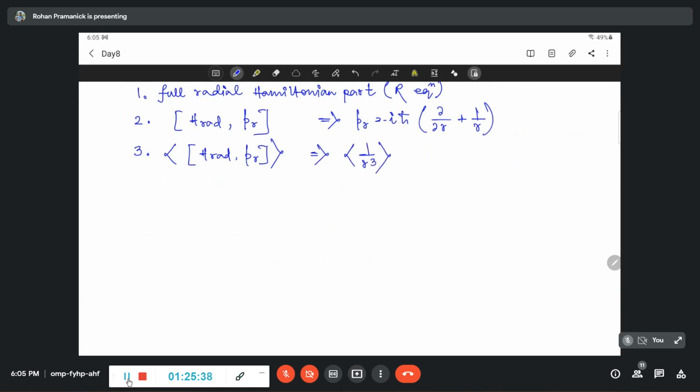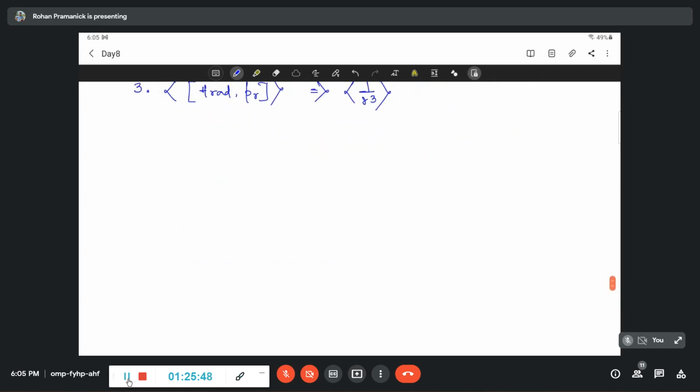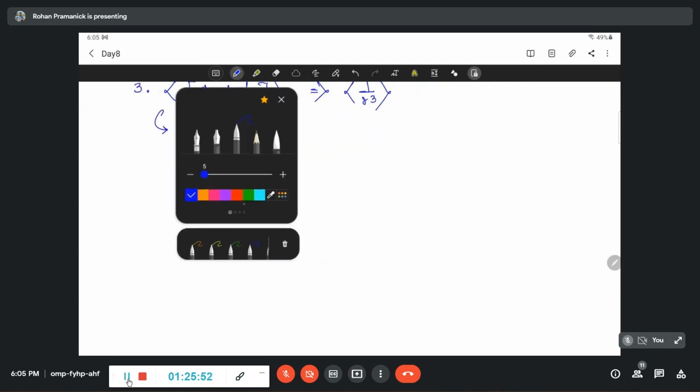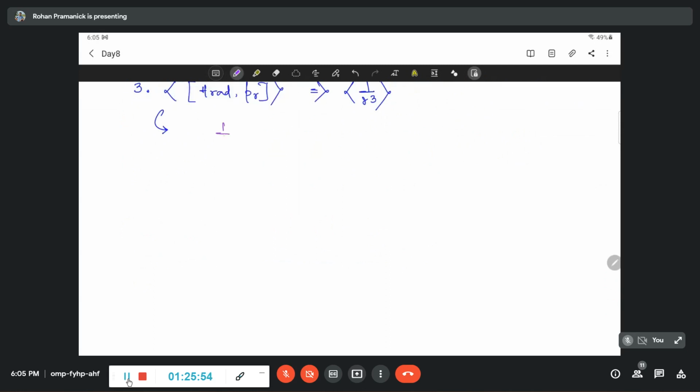You just have to extract that part, and while doing this you have to use the 1 by R and 1 by R square expectation values, which we have already derived. So if you do this, you will find that the 1 by R cube expectation value is nothing but this quantity.